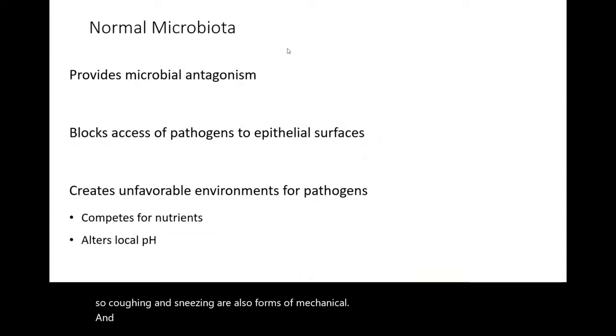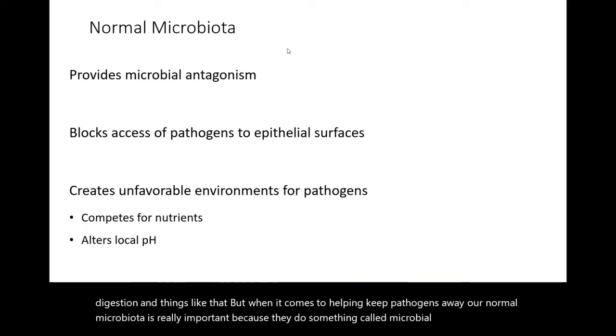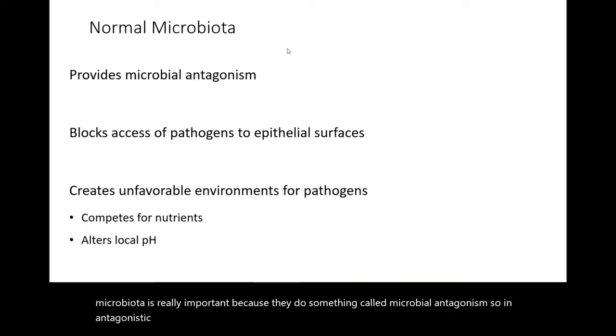And then we have our normal microbiota. So we've talked about how these organisms aid in digestion and things like that. But when it comes to helping keep pathogens away, our normal microbiota is really important because they do something called microbial antagonism. So an antagonistic relationship is one where one of the organisms is harmed.